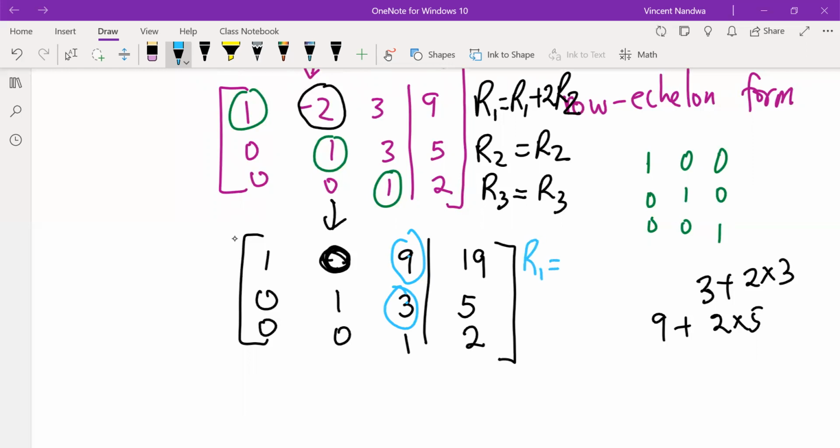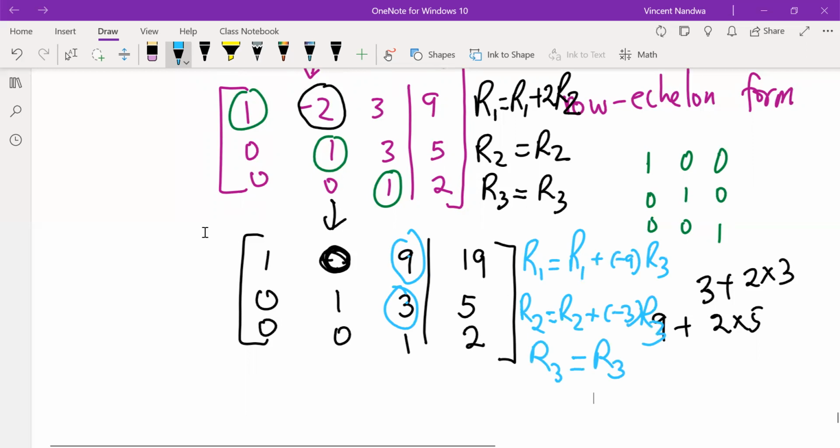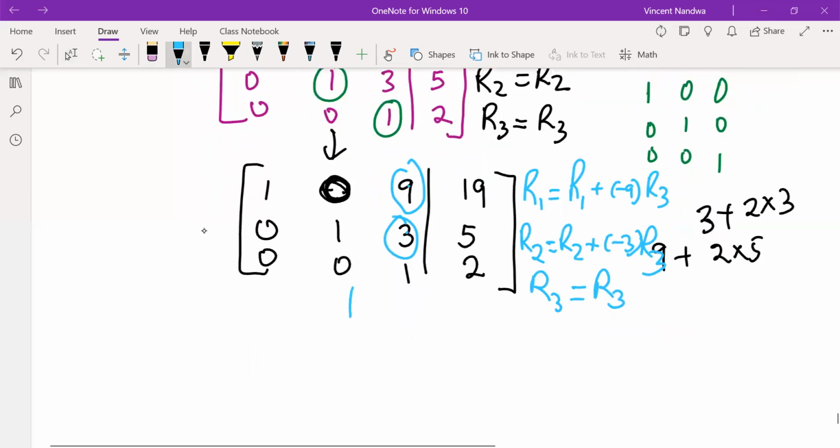So I say row 1 will be row 1 plus minus 9 row 3, row 2 will be row 2 plus minus 3 row 3, and row 3 remains row 3. So here, I'll get 1, 0 minus 9 times 0 is 0, 9 plus minus 9 times 1 is 0.